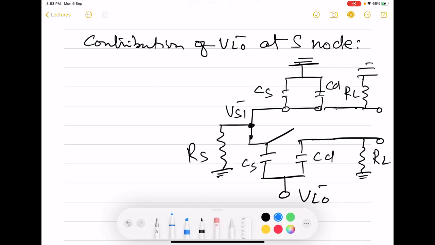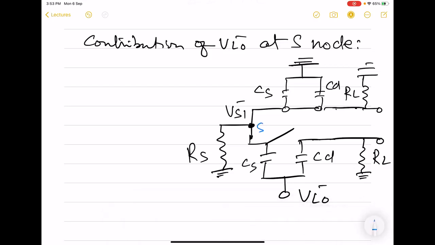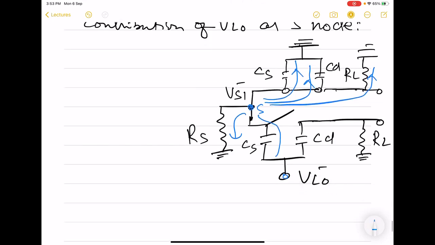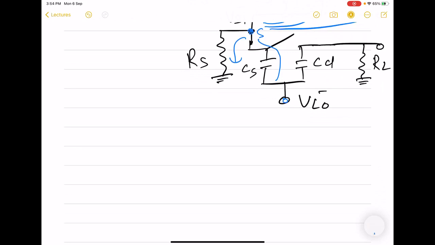So for this case, we can see that between this source node and ground, we have RS, we have CS, CD, RL. However, between source and LO minus, we have only one element, CS.